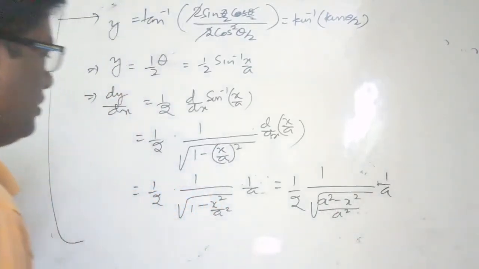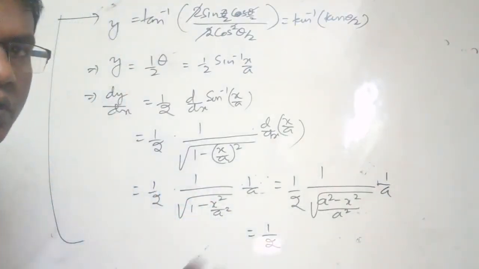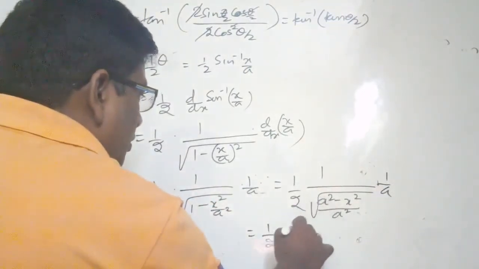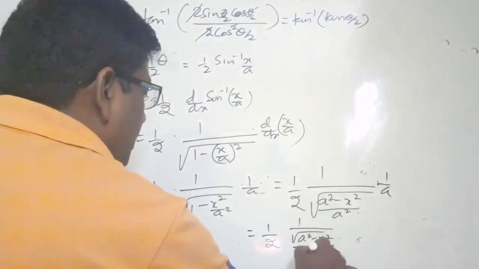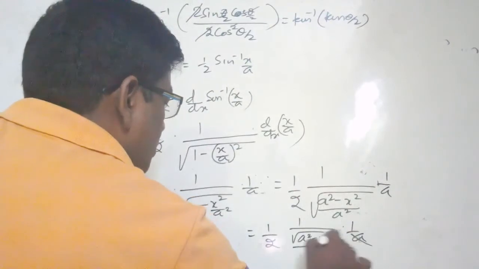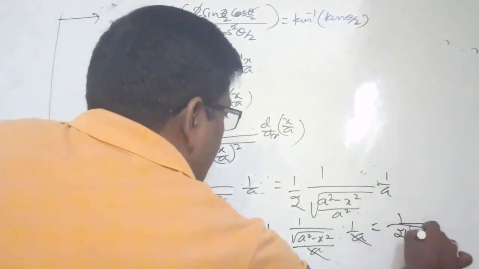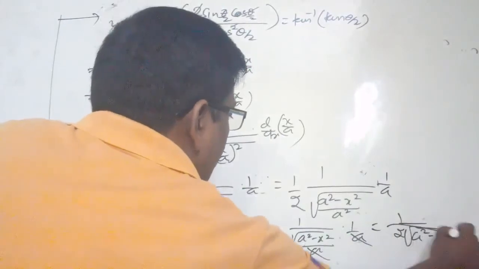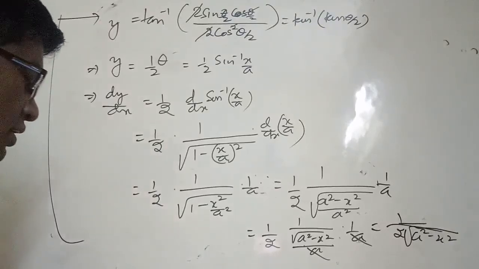This is 1 by 2 into 1 by root over a square minus x square by a, into 1 by a. The a cancels. The answer is 1 by 2 into root over a square minus x square. Okay.